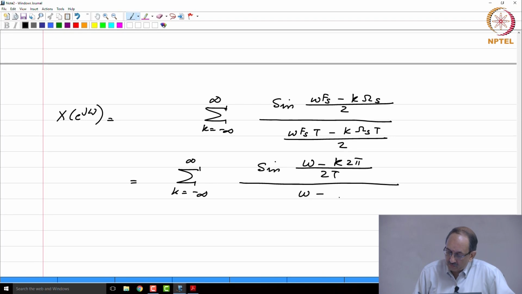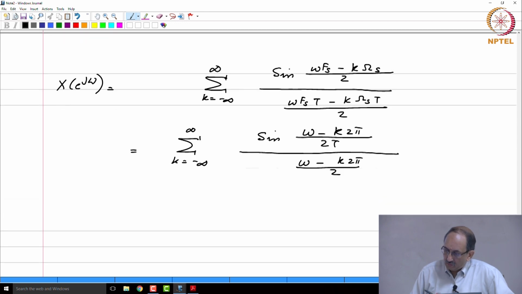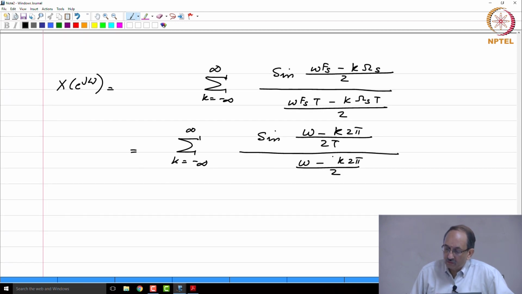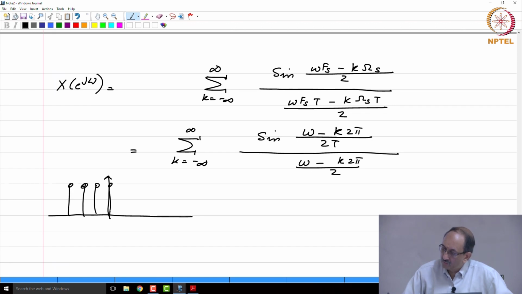So, this becomes ω minus k times 2π by 2, and this is the expression for this.